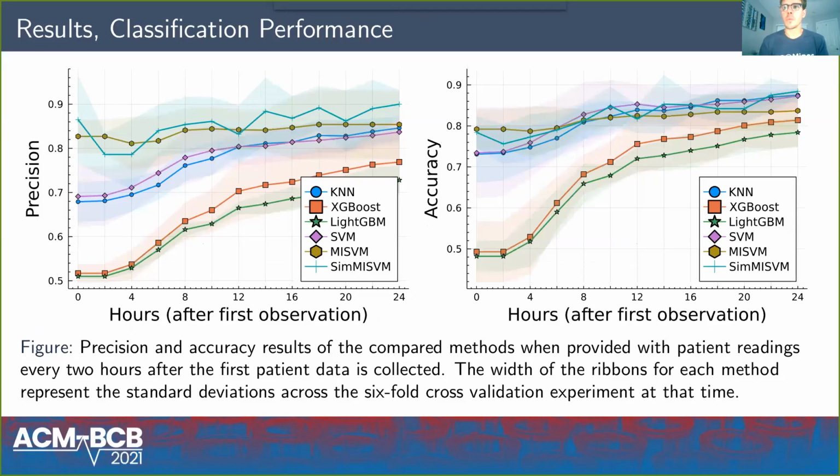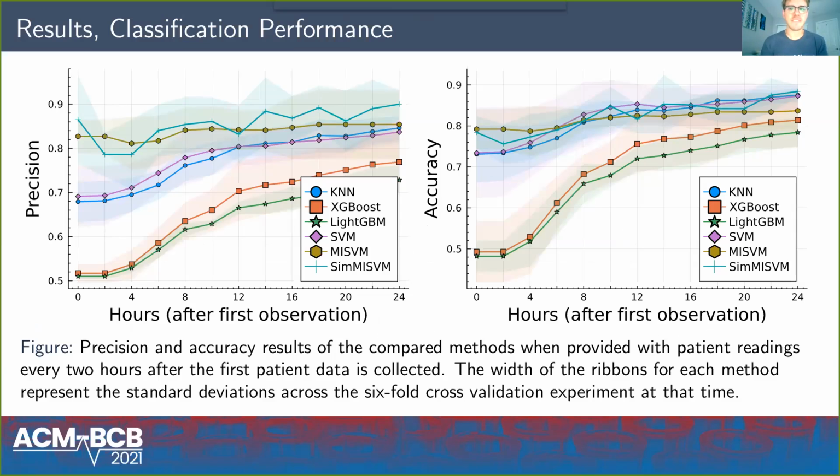In addition, we run another experiment where we restrict the amount of data available on a bi-hourly basis. What this means is that we'll train an algorithm using all of the available training data. And then during testing, we provide just the records that fall within an elapsed period of time from entry.